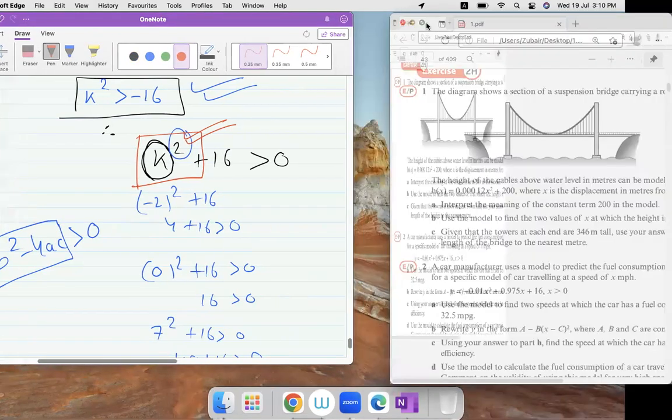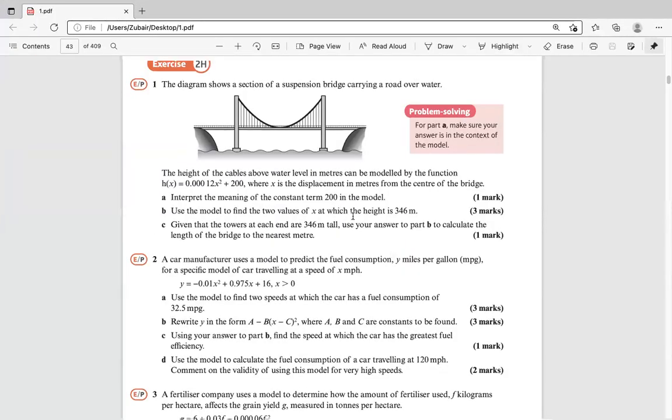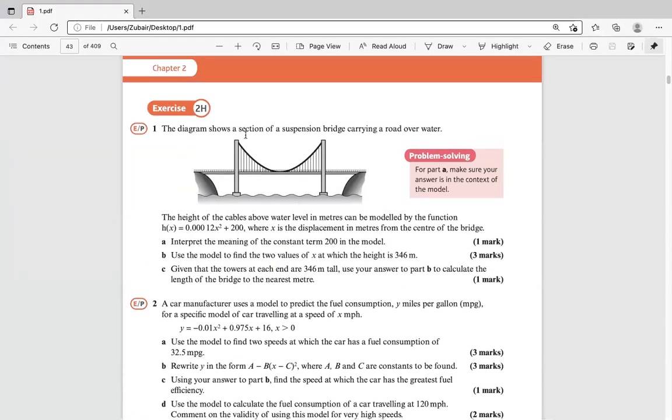Okay, let's try this and then we'll move on. The diagram shows a section of a suspension bridge carrying a load over the water. The height of the cable above the water level in meters can be modeled by this function. It is a quadratic equation where x is the displacement in meters from the center of the bridge.